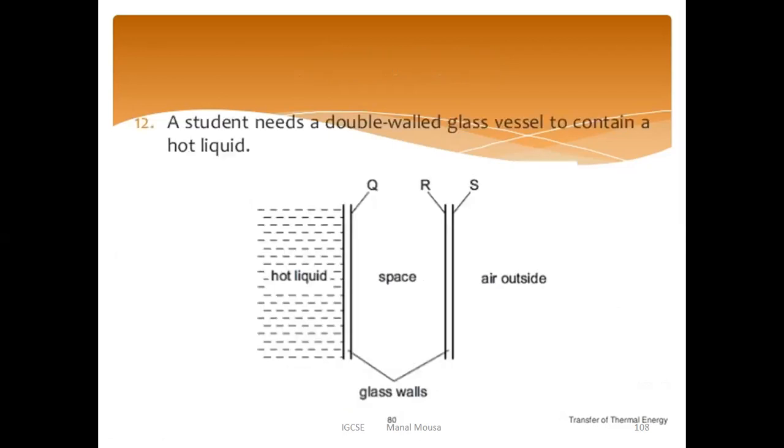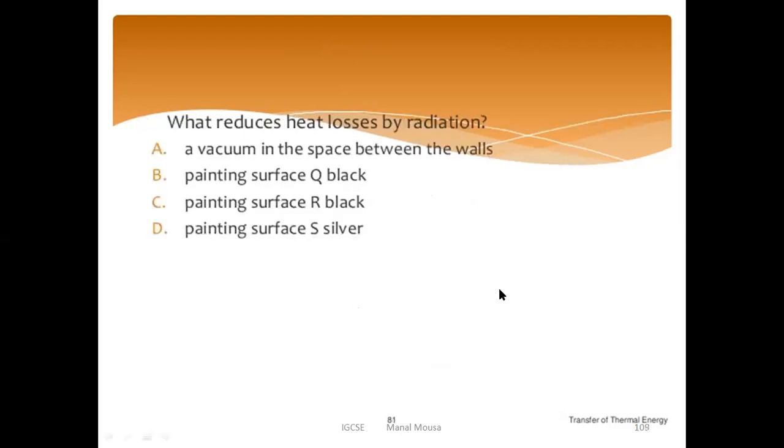All of them. See now this question. A student needs a double-walled glass vessel to contain a hot liquid. So as you see, here is the hot liquid. Here is the glass, Q space, and the second glass, R, and S, then air outside. The question is, what reduces heat loss by radiation?